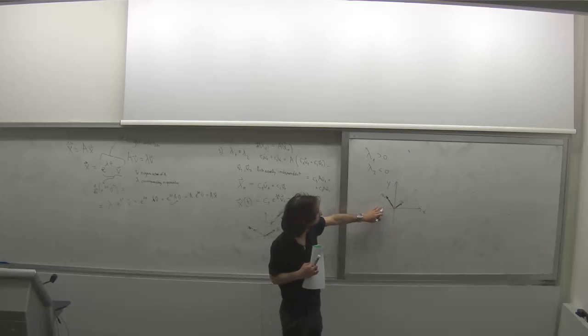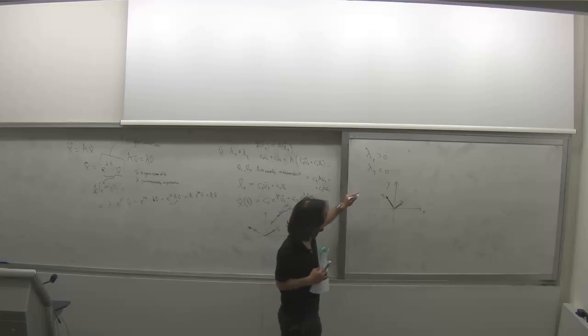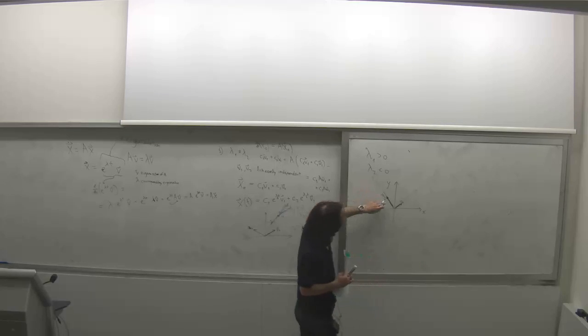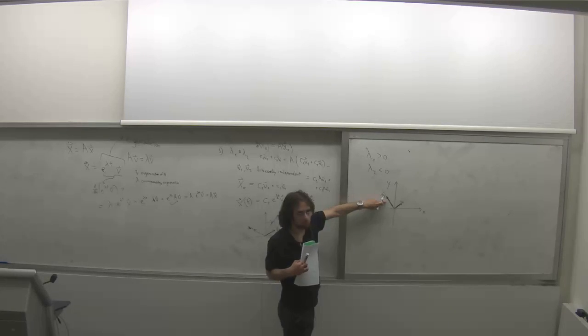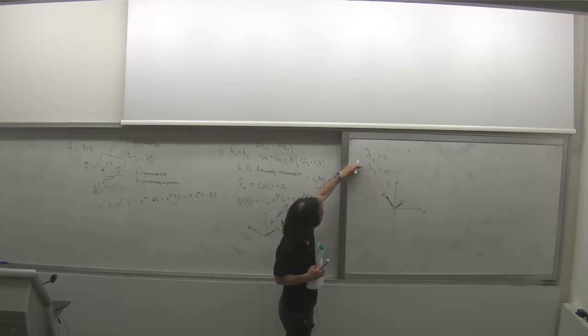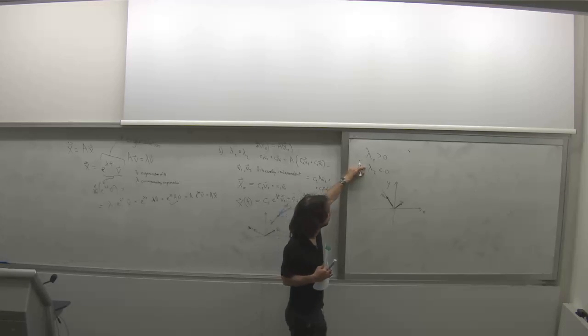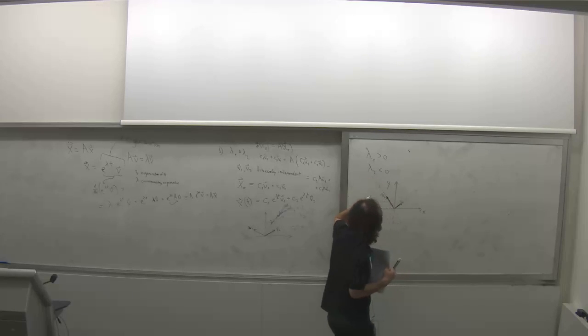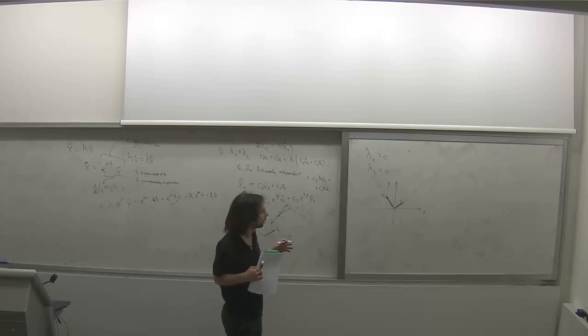The initial conditions that are only defined by V2, they have no V1 component, only decay according to an exponent with lambda 2 in the exponent. Okay?